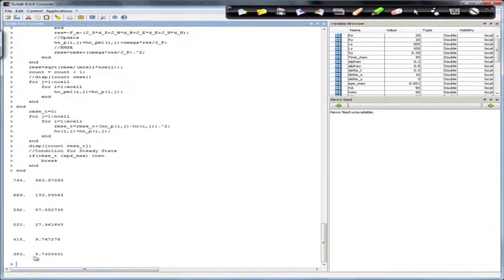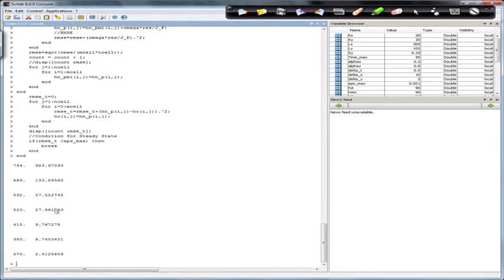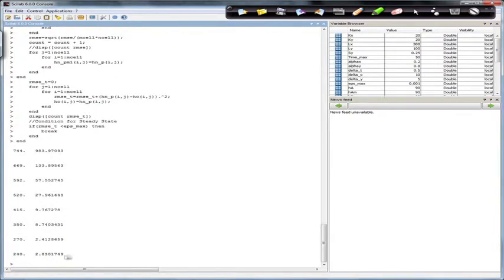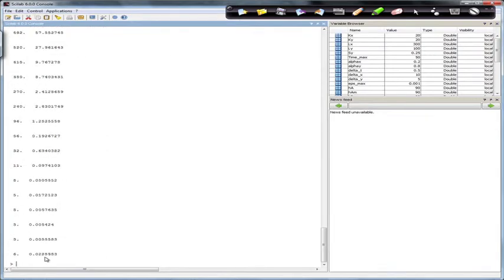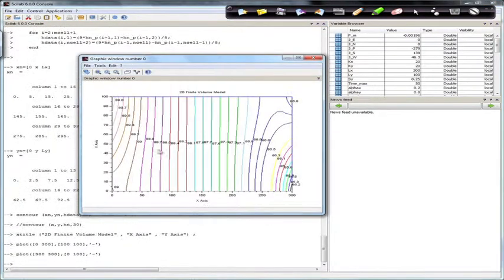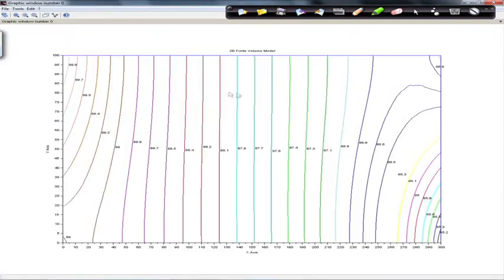You can see that 380 iterations, and slowly this RMSE value is decreasing. This is 2.4, this is 56, and finally we are getting the solution from the program.